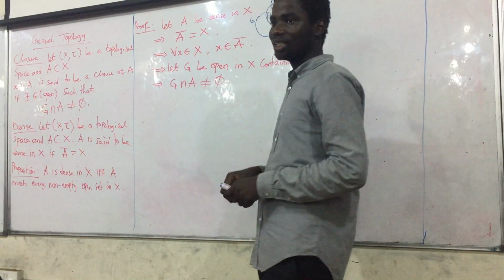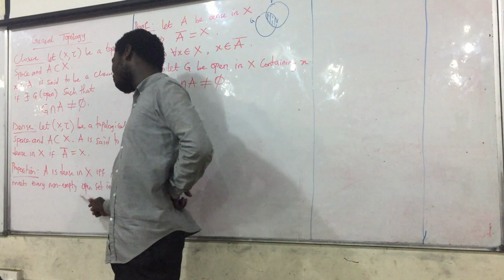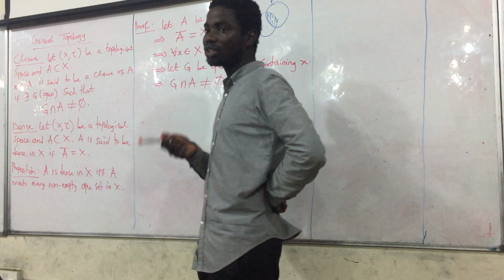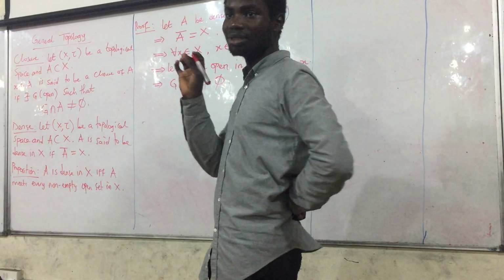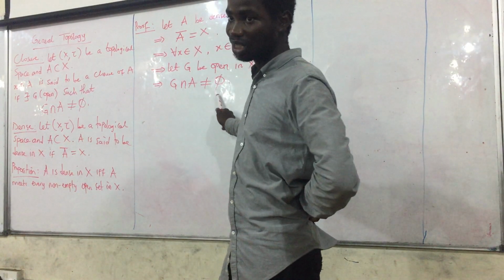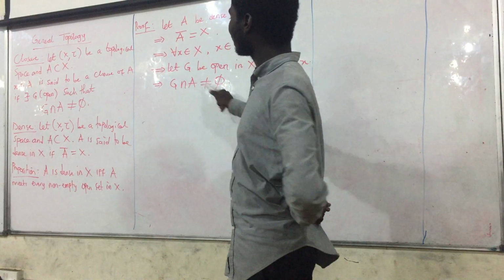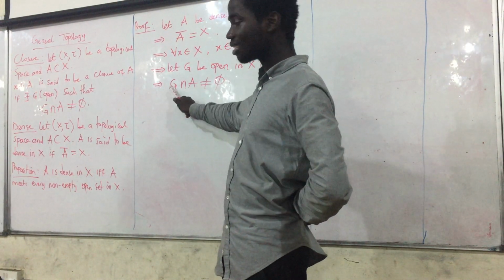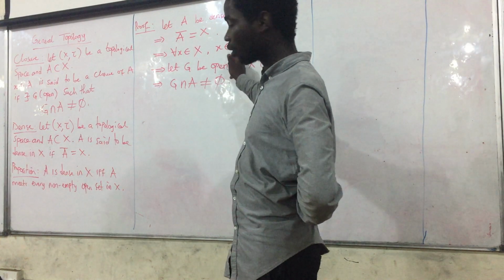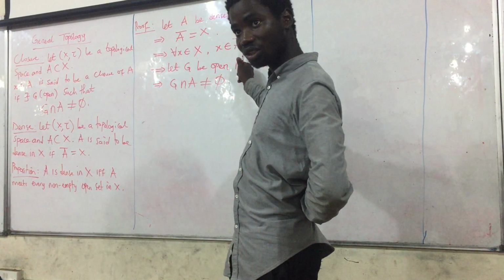Do you get that? That is, you say let A meet every non-empty open set in X. So that means you will take G to be non-empty and it meets A. That means the intersection is not empty. And if you have something like this and G is open, that means if x is in G, x will also belong to the closure. Do you understand?